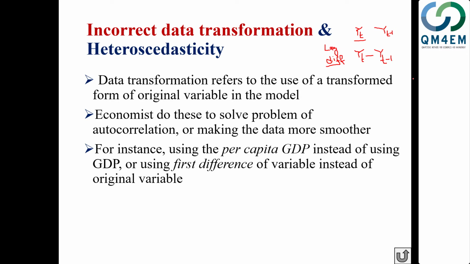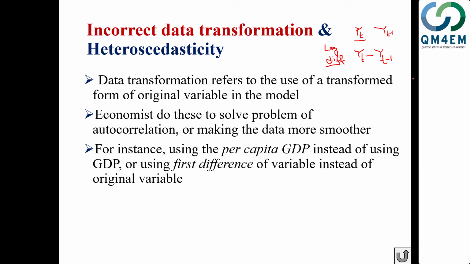So here I give an example. For example, instead of using GDP, you use per capita GDP, or you use the first difference of a variable instead of the original variable. I already explained what first difference means. Instead of using the y variable, the income variable, you use its first difference. So you subtract y in the previous period from y in the current period.